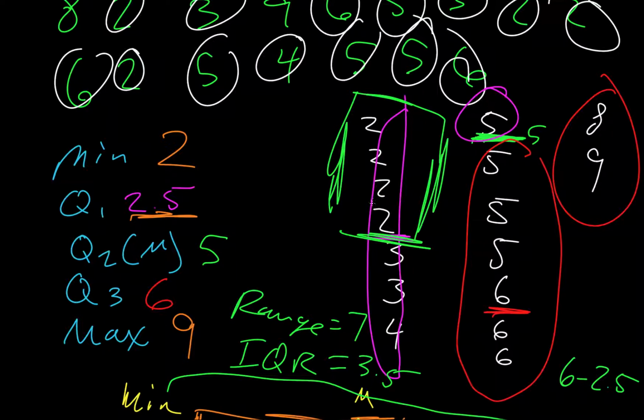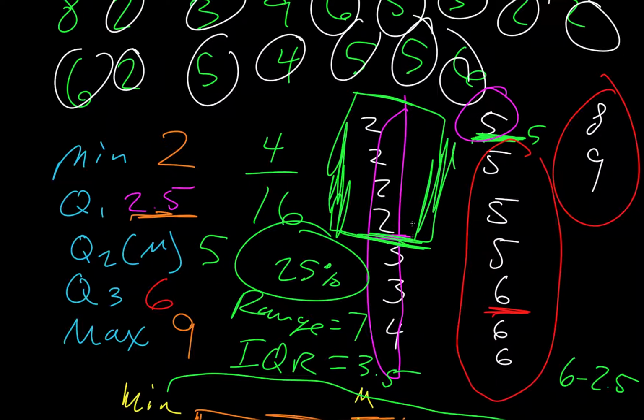So if we do that, we see we get 4 out of the total. So 4 out of the total, which is 1, 2, 3, 4, 5, 6, 7, 8, 9, 10, 11, 12, 13, 14, 15, 16. 4 out of 16. And if we divide those, we would get 25%. So 25% of the data is less than 3.